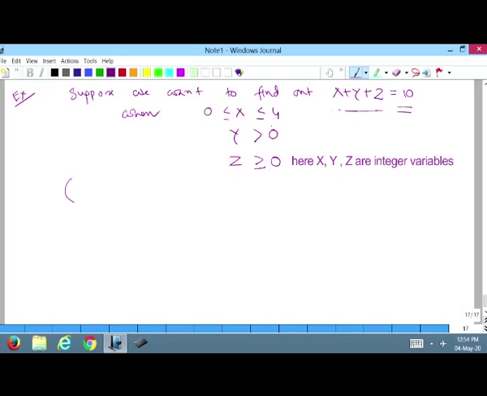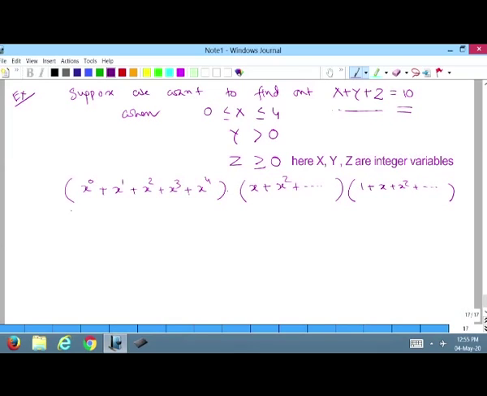Because x takes the value between 0 to 4, let us write them as x to the power 0 plus x to the power 1 plus x to the power 2 plus x to the power 3 plus x to the power 4, multiplied by y, which can take any positive values. So, that gives us an infinite series x plus x square plus x cube up to infinity, multiplied by the one corresponding to z. Because z starts from 0, we have 1 plus x plus x square up to infinity.